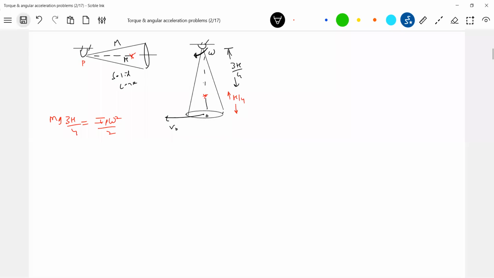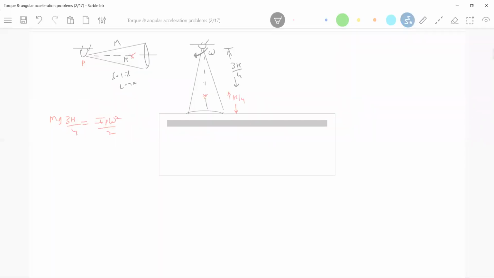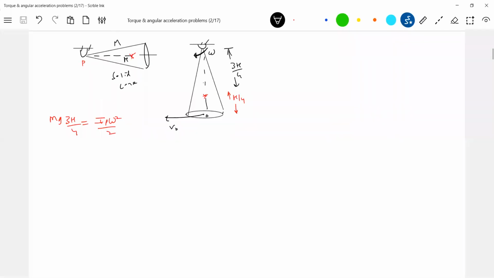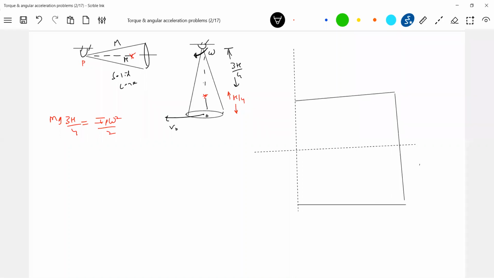Okay, let me proceed with the next idea. There is a square plate. I'll make a hole here.